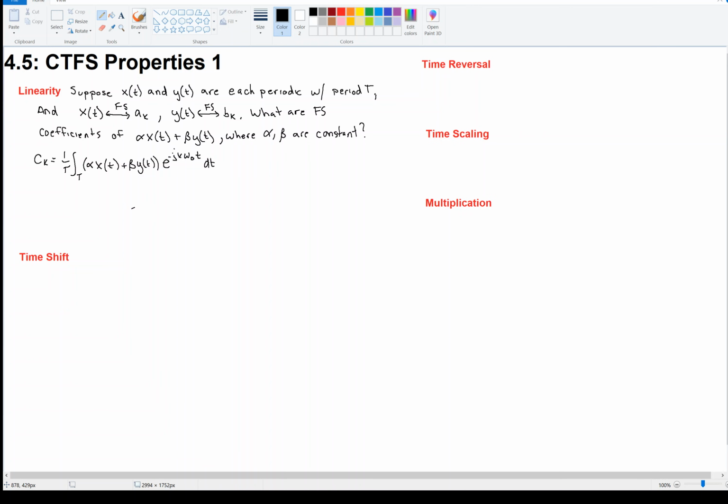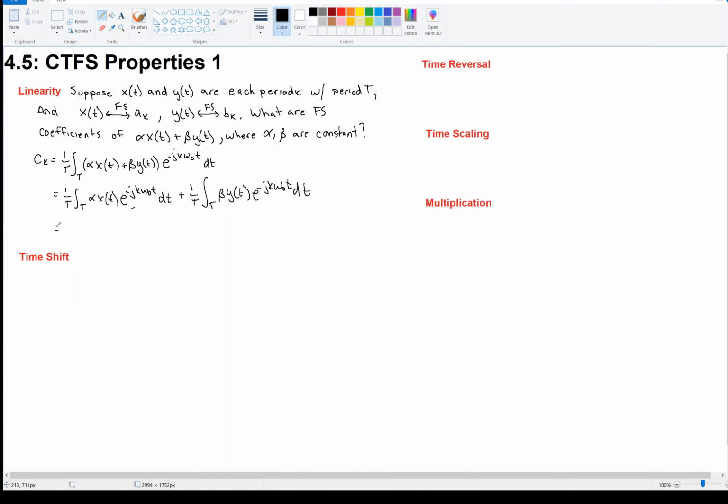Okay, so I got this. And now, from the properties of integration, I can split this up into two integrals, right? Plus 1 over t integral over t beta times y of t e to the minus jk omega 0 t dt.